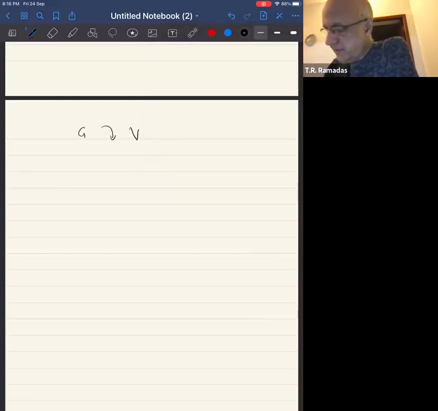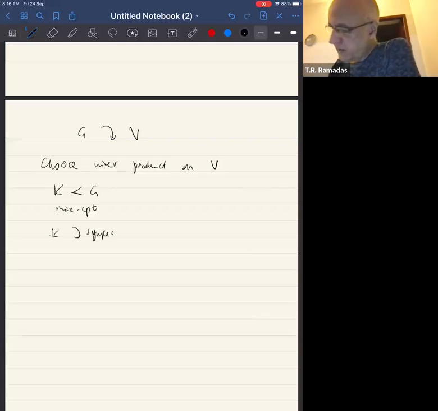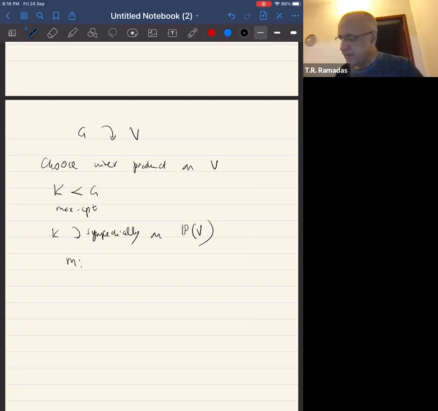Then if I choose an inner product on V, that gives you a maximal compact K. K will act symplectically on PV, and there will be a moment map M from PV to K dual.